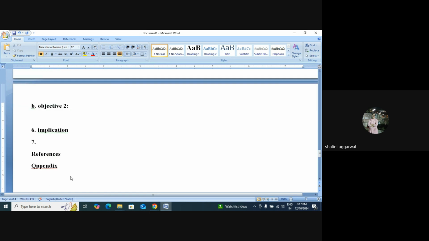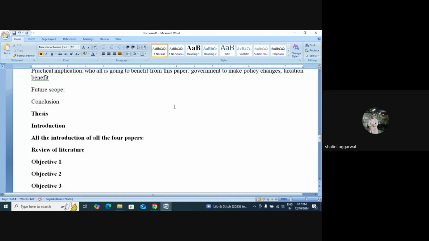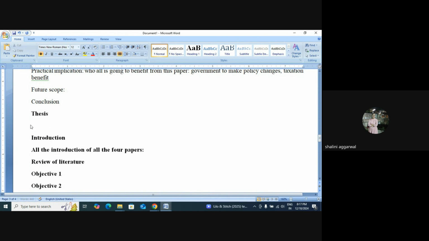In the appendix, you have to put your questionnaire over here, and whatever else you want to put, you can put it here, right? And in the initial part, in our organization, we do have the abstract as well on the top of it. So this is how we write the thesis.